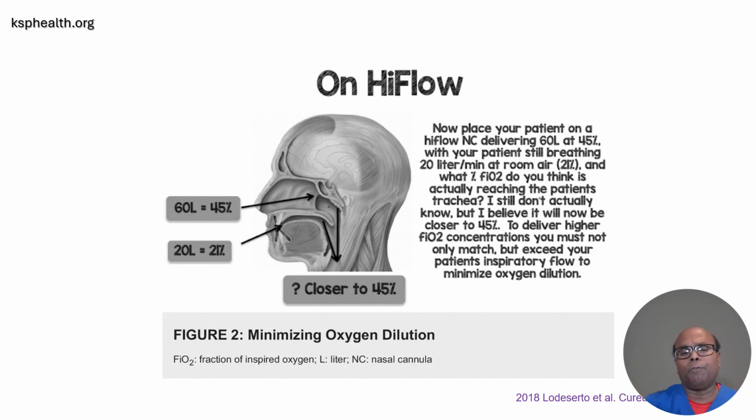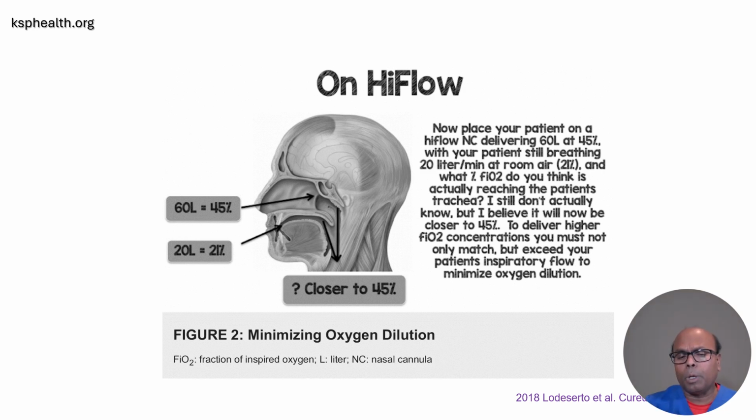But when you do a high flow, assume the patient is getting 60 liters at 45% FiO2. This patient also takes 20 liters at 21% via mouth. What are the chances of FiO2 in this patient's tracheal or bronchial area?